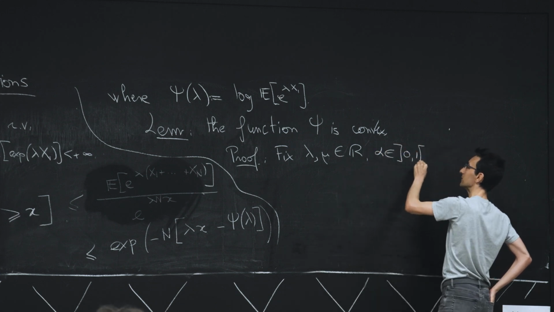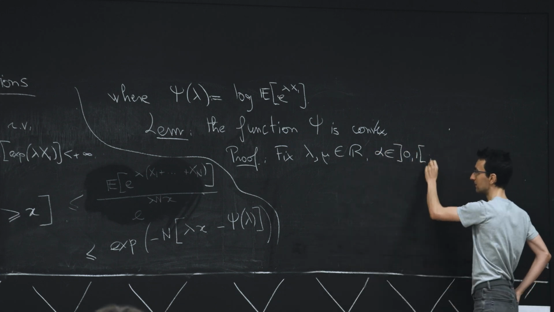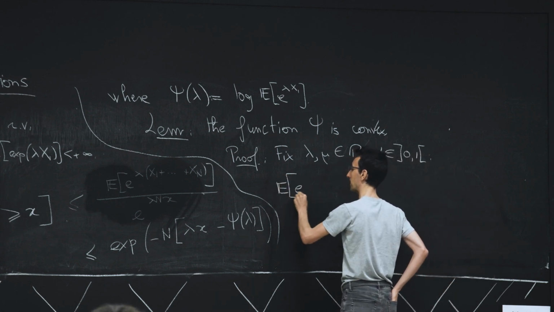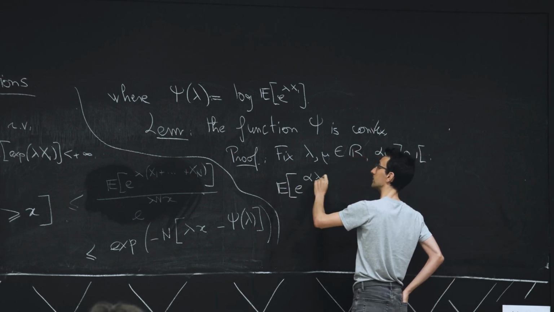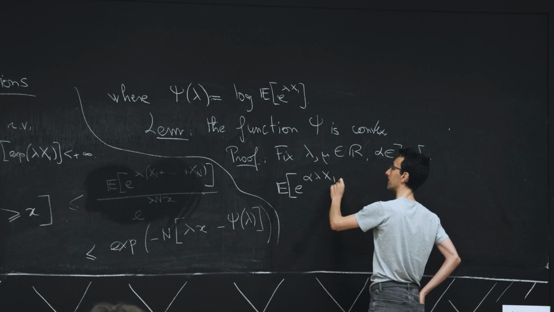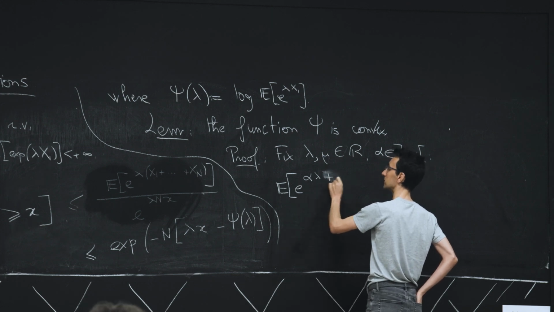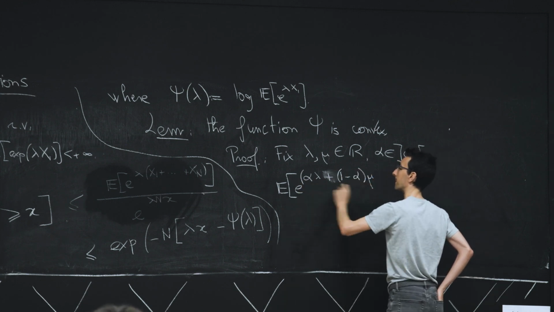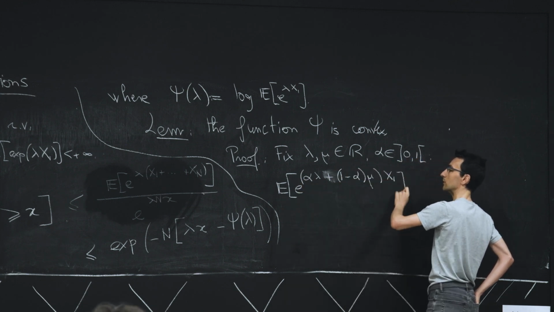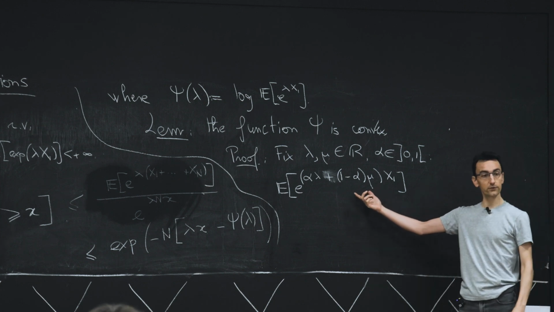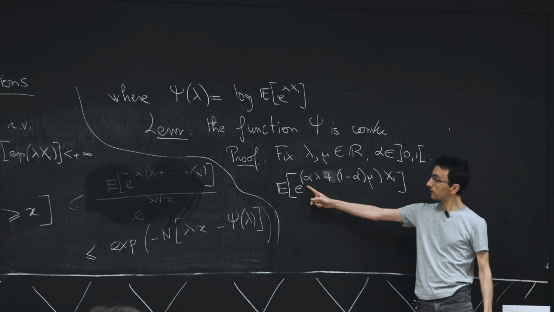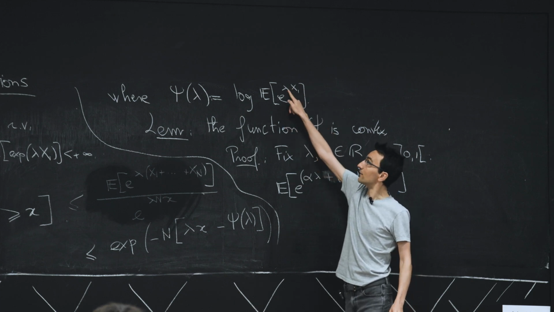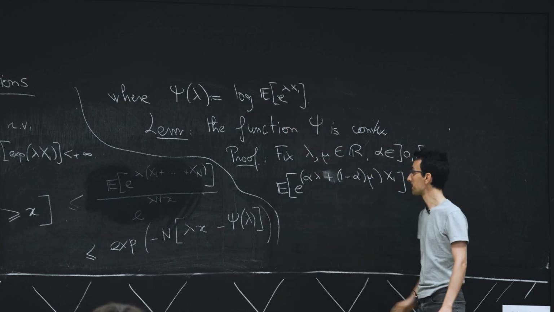I keep using this French notation for the open interval because why not? I'm supposed to compare this with the product of this guy to the power of alpha, this guy at mu to the power of 1 minus alpha.